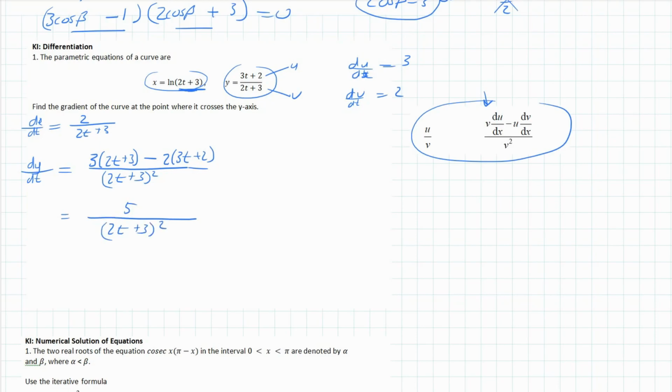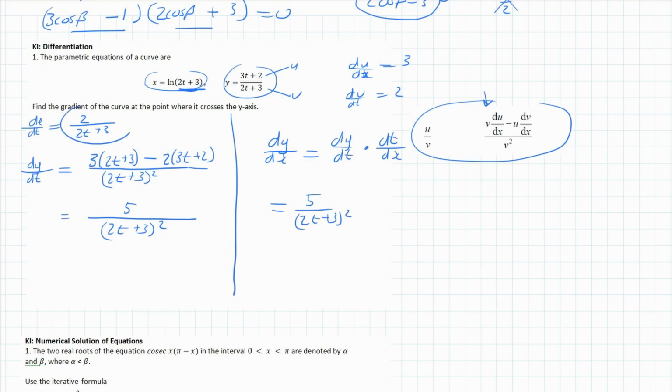Now at this point we can go dy dx is equal to dy dt multiplied by dt dx. So that is equal to 5 over 2t plus 3 all squared.